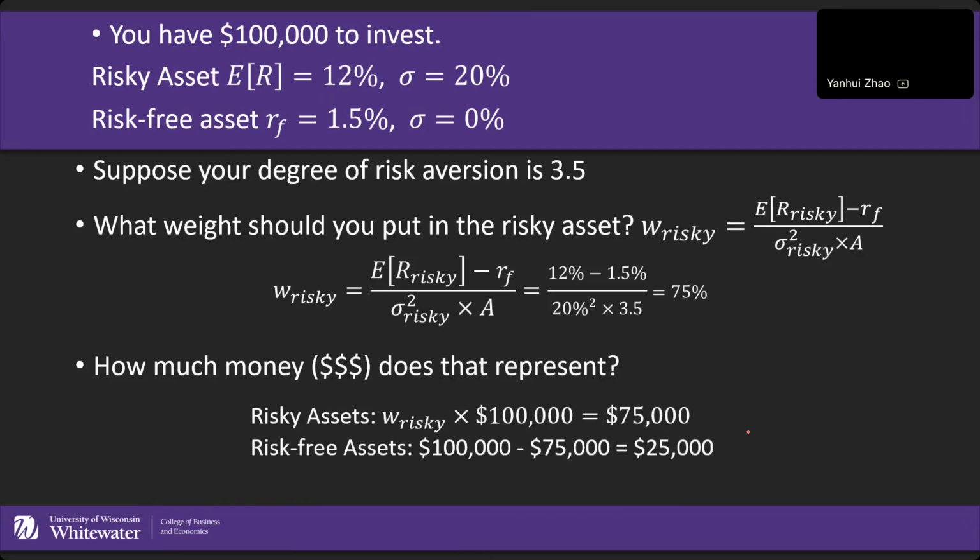If you use your financial calculator to do the formula, it will be 10.5% divided by 0.04 times 3.5, right? So it will be 0.105 divided by 0.04 multiplied by 3.5. Do the denominator first.